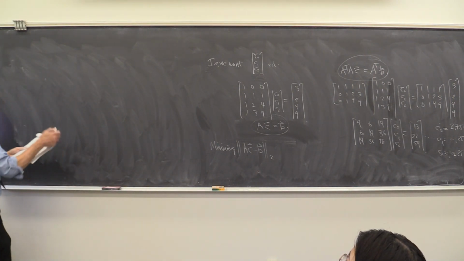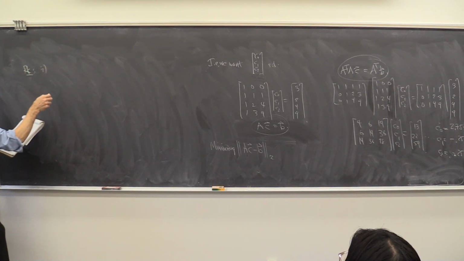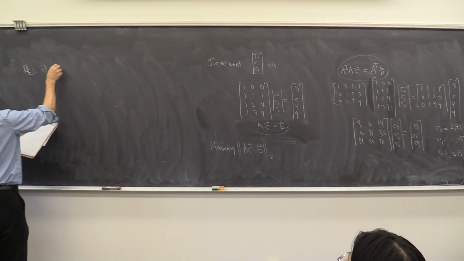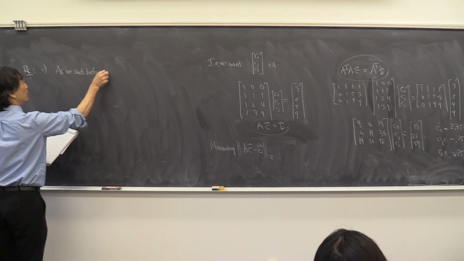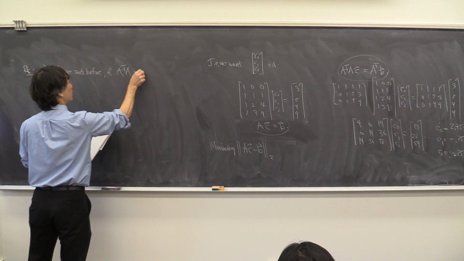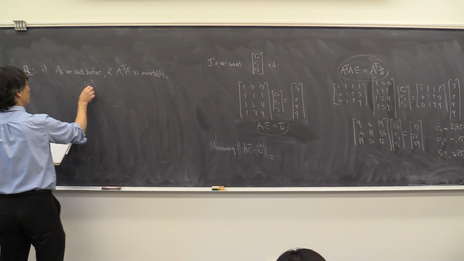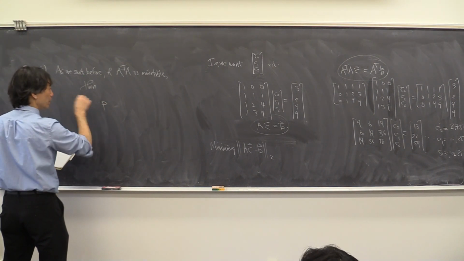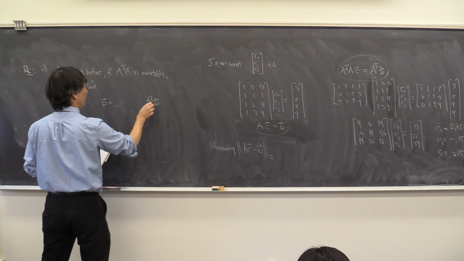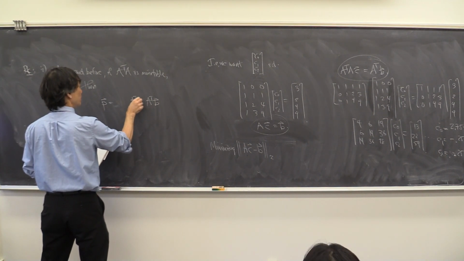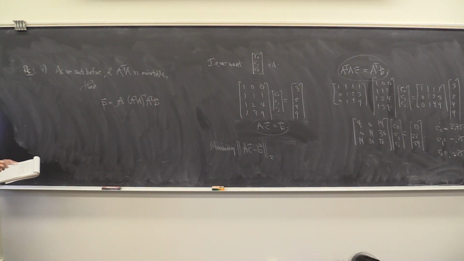Just a couple of comments to close up this chapter. Remark one: as we said before, if ATA is invertible, then that P turns out to be A times the inverse of ATA, times ATB.